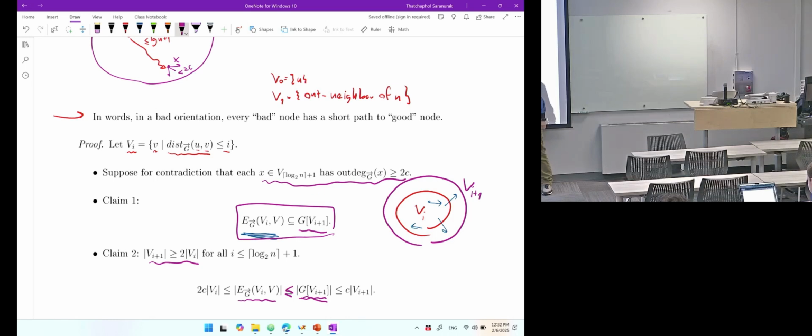So when you induce by V_{i+1}, the number of edges here is at most this. On the other hand, how big is this set? We assume that every node in V_i has out degree at least 2C. So the number of out edges incident to V_i is at least 2C times |V_i|. This is what we assume. And now you combine these two things, you get that V_{i+1} is twice the size of V_i.